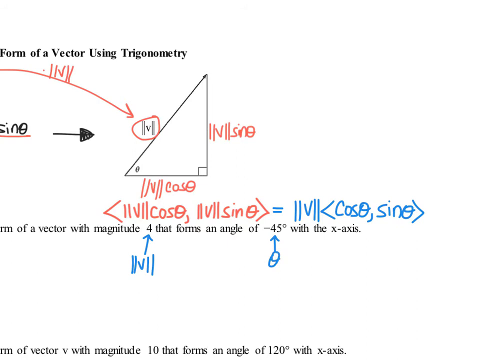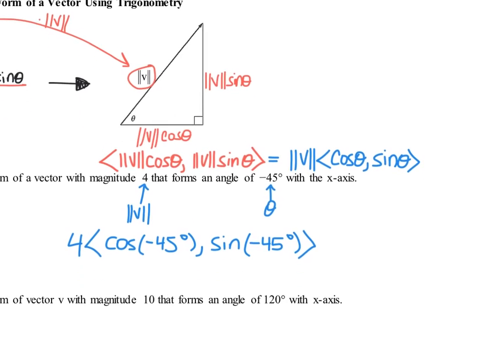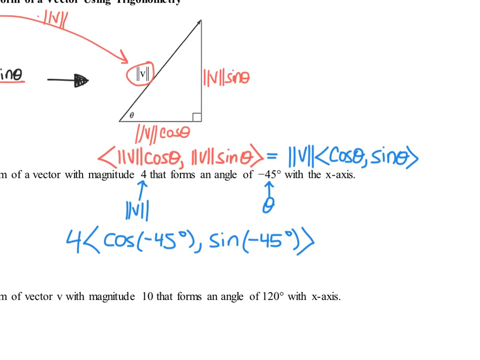So if I want the component form of this vector, it would be 4 multiplied by the cosine of negative 45, comma the sine of negative 45. Unit circle trig, right?